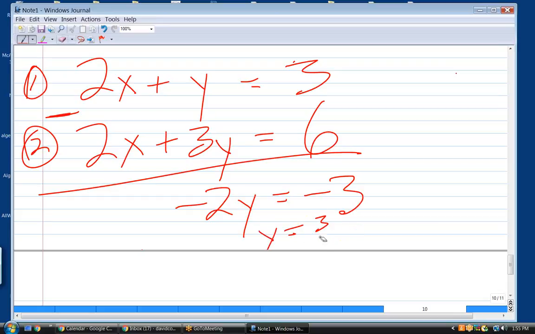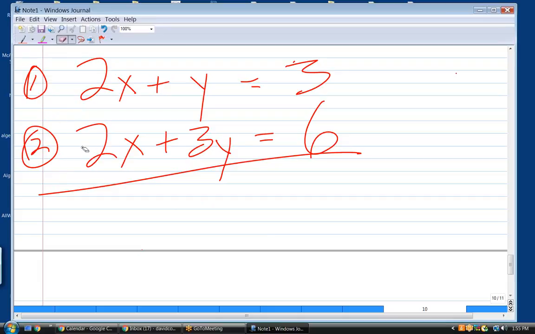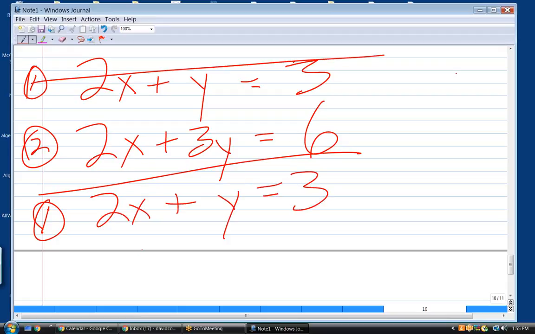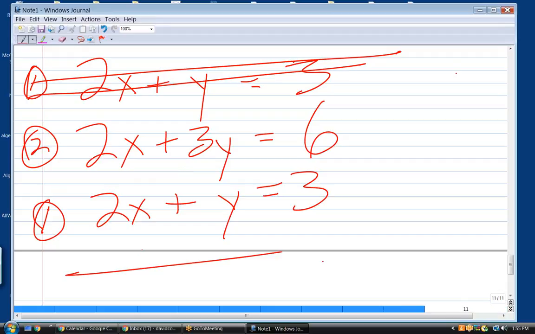Now, notice that I can actually do this a little easier if I take equation 2 and subtract equation 1. I don't have to rewrite it, but I will just for the sake of clarification. I'm also allowed to subtract in either order. Notice that if I subtract now, I deal in nothing but positive numbers. That's always an advantage.